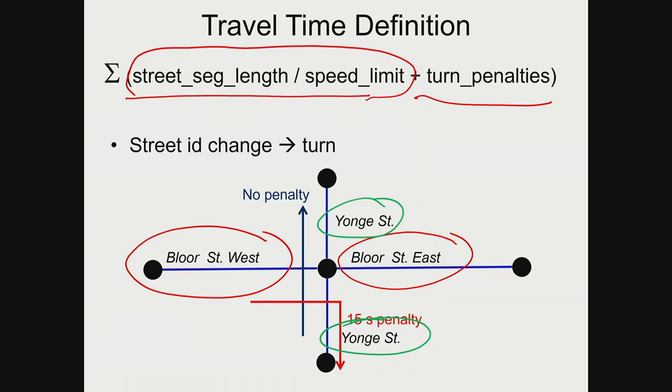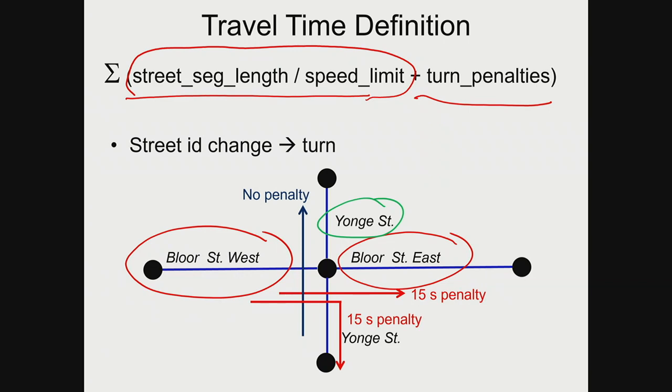When I go from Bloor Street West to Yonge Street, I turned, there'll be a penalty. And when I go from Bloor Street West to Bloor Street East, my street ID changed, there'll be a penalty for that too. So assume it's like there's a traffic light, this is a big street change. So we're keeping this turn penalty relatively simple. You change street IDs, when you go between two street segments, you add in this turn penalty.